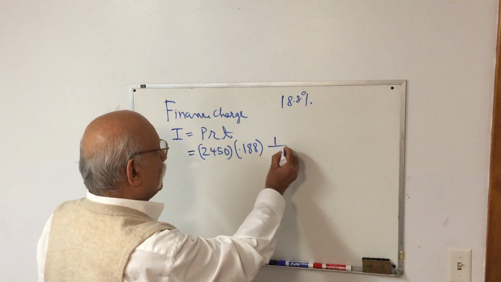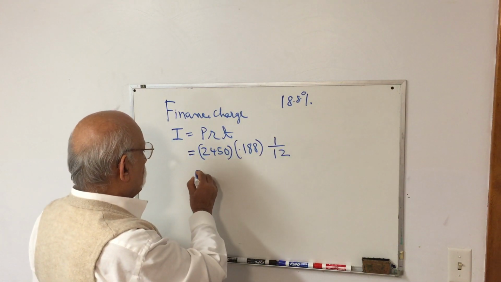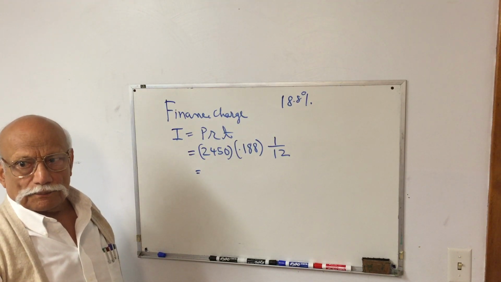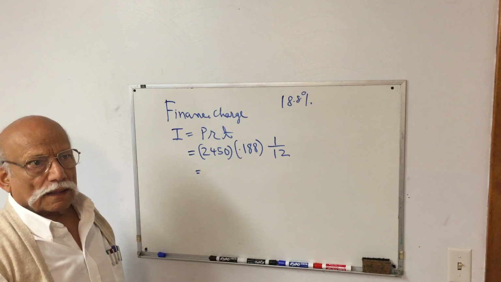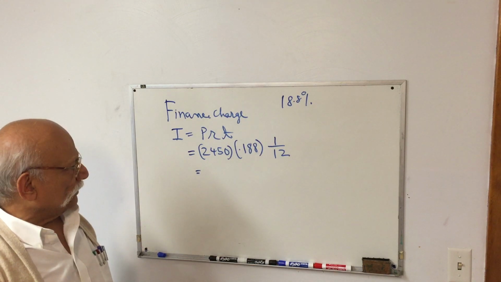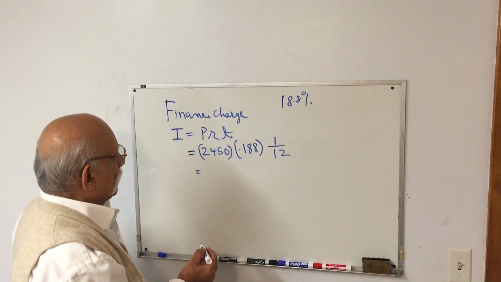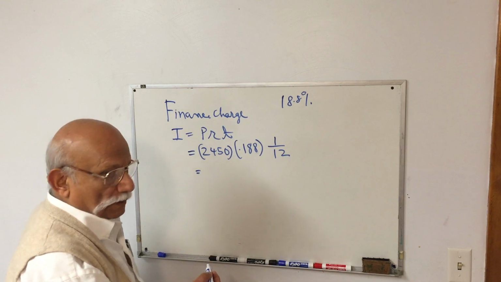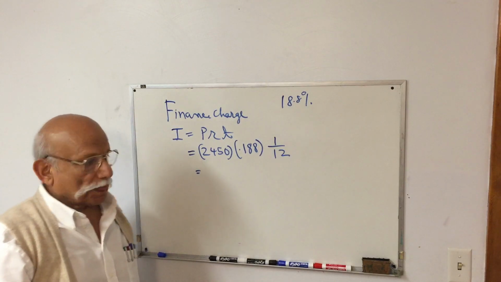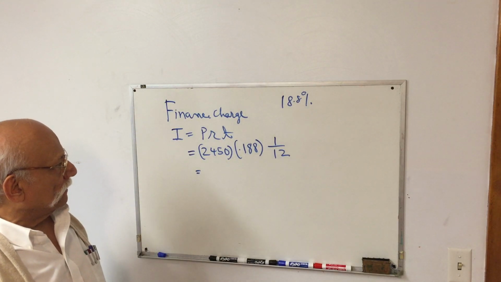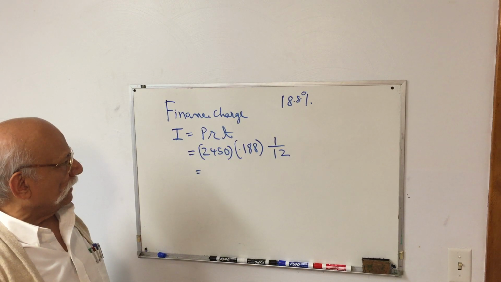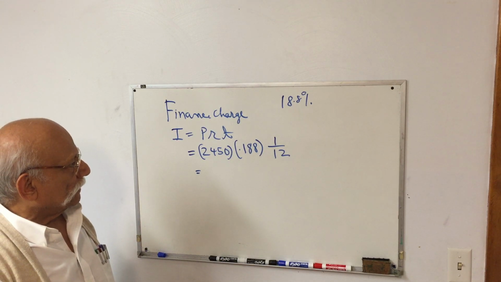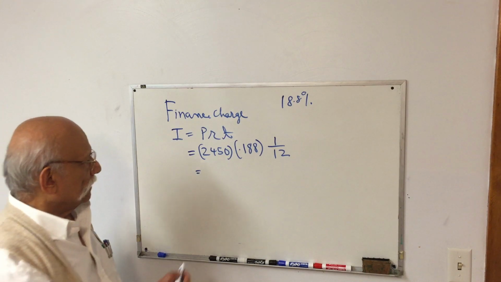So you put 1/12 and multiply those. What will come? Shall I multiply it? Yeah. So multiply that, 2450, but it will be 38 something? 38.38.